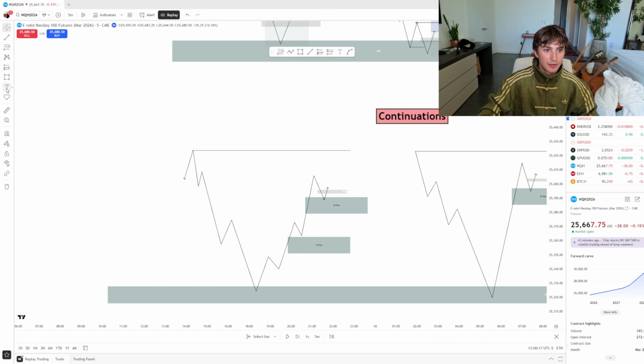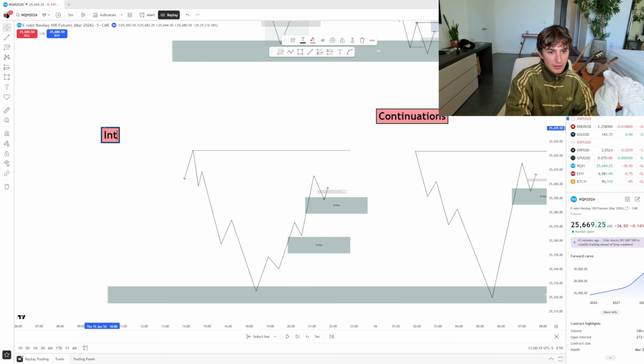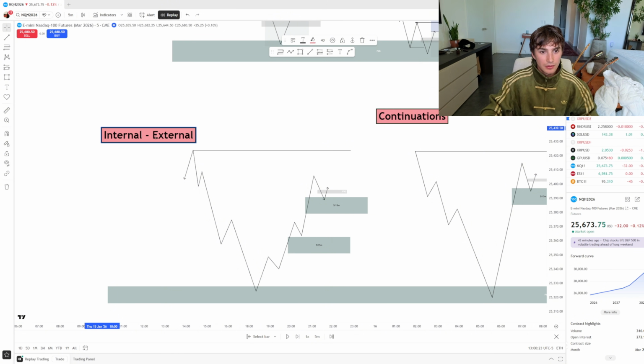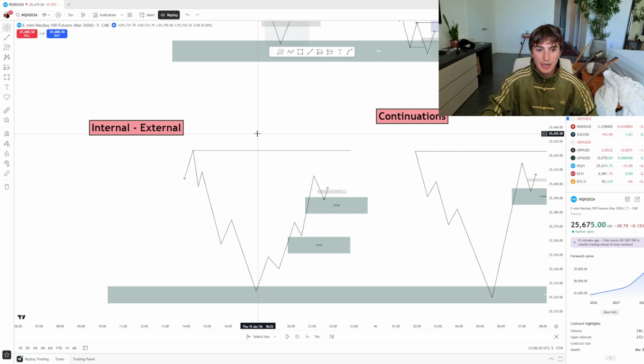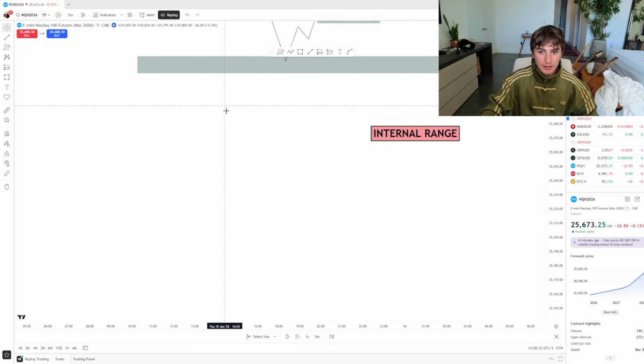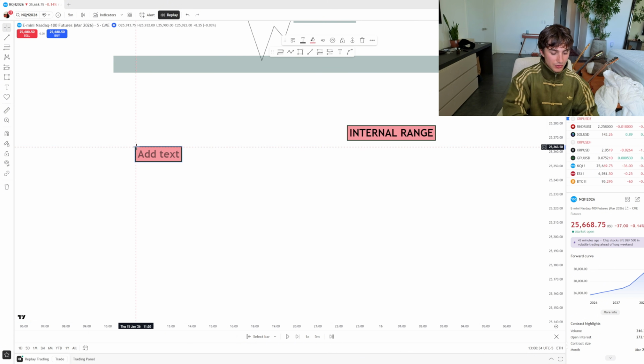Here we're trading internal to external, right? From a lower time frame key level to a higher time frame key level. And in internal range, well, it's sort of implied. Here we're trading internal to internal.